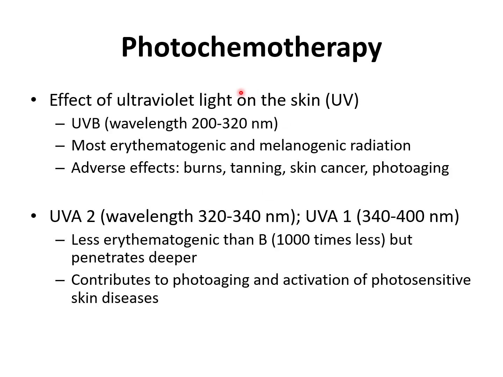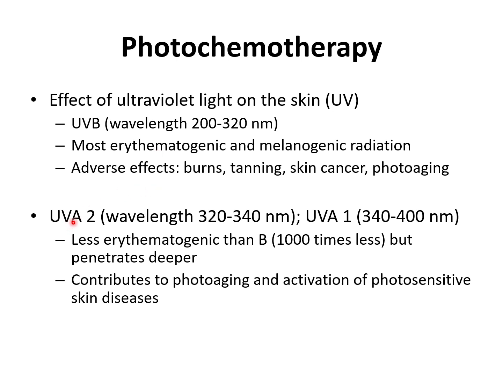So before we go into the drugs that are used, just a reminder that ultraviolet light itself has effects on the skin. Ultraviolet light of a certain frequency, between 200 and 320, is also called UVB light. This is the one that usually causes the most burns, tanning, and also has a risk of causing skin cancer and photoaging.